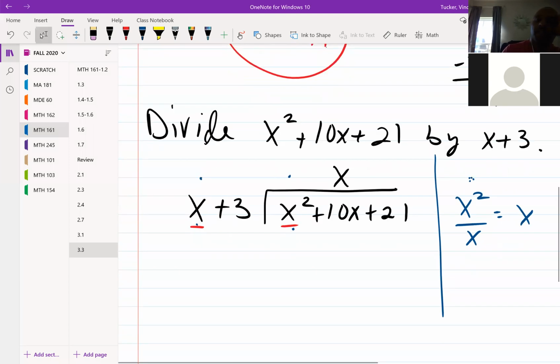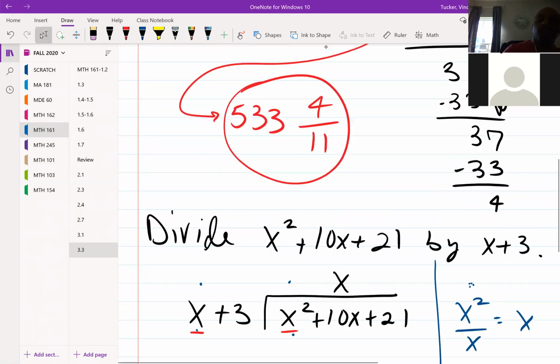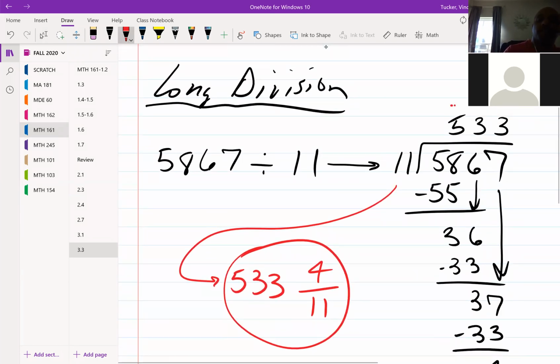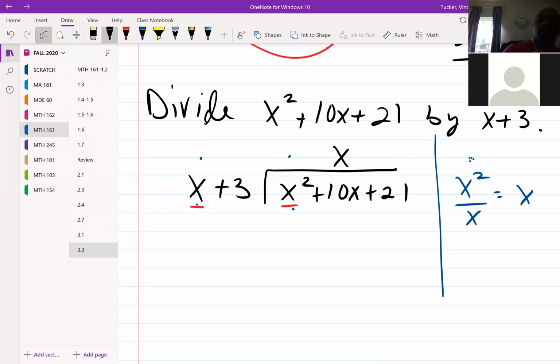All right, so now you take that x and multiply it to everything that's out here, not just the x, with the 3 as well. Just like we did when we had the 5, we multiplied it times the 11. So x times x is x squared. X times 3 is 3x. Next part of the process is to subtract.